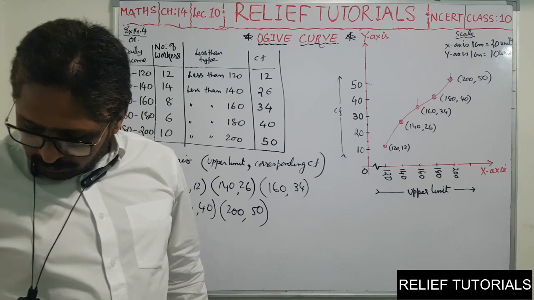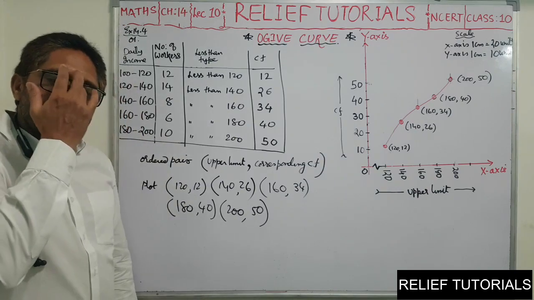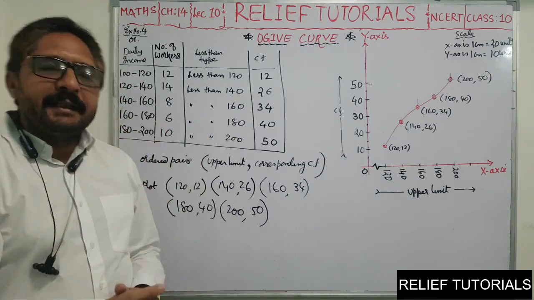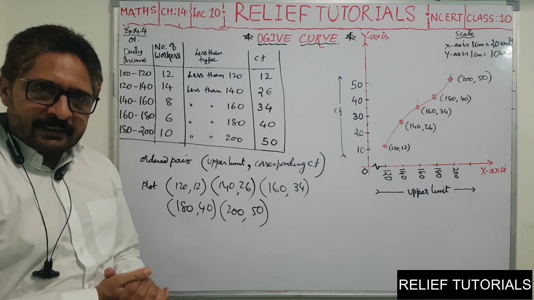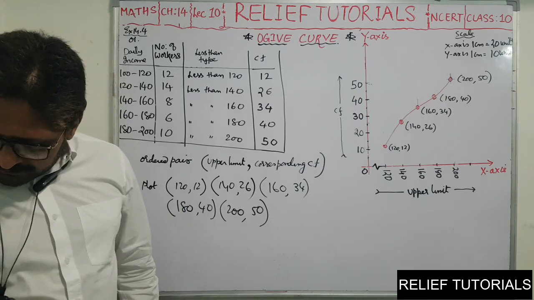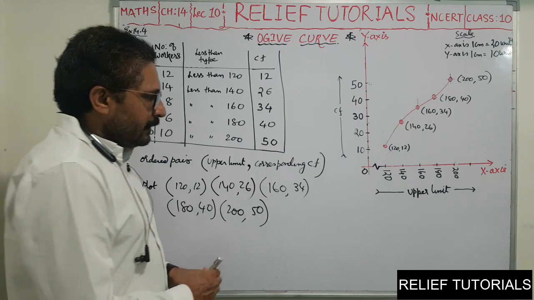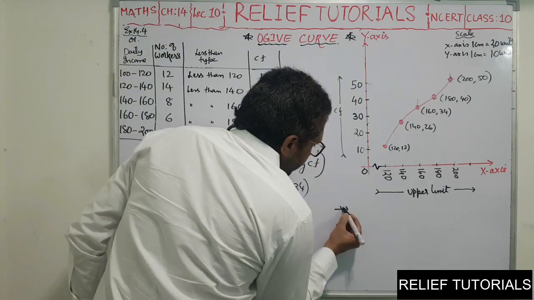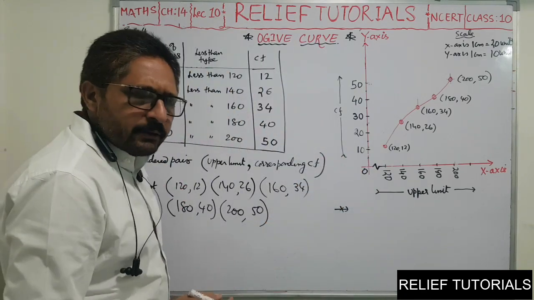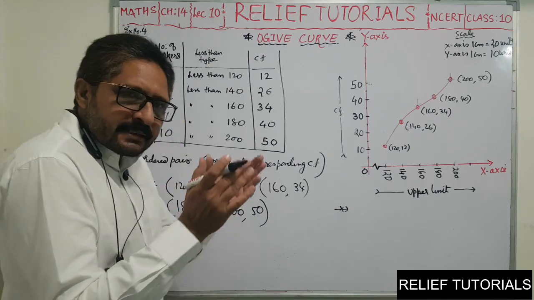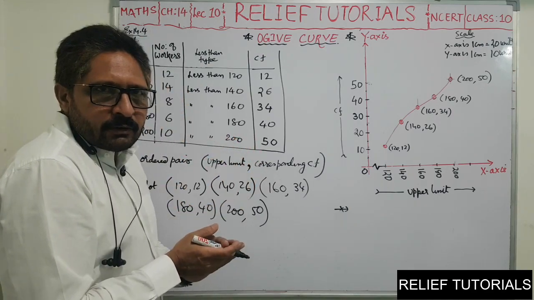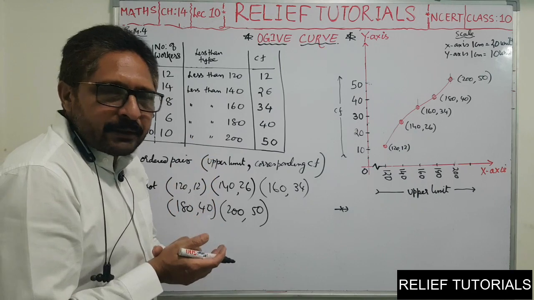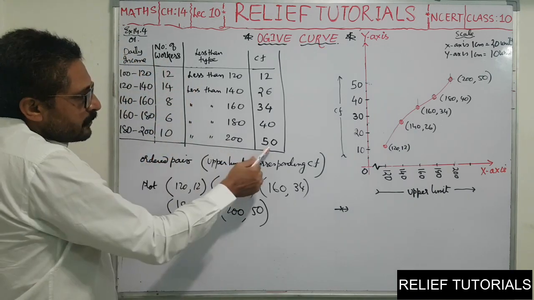Clear? Now, we have seen in the previous lectures how to find median. So here I will just give you one piece of information. See, in order to find median from a graph, you will get the approximate value. Median means, I told you, it is the middlemost value. So total observations will be divided by 2. Here if you talk about the total observations, that will be 50.